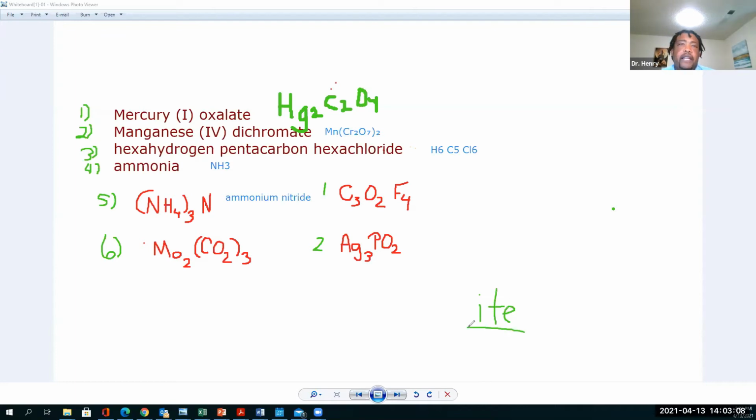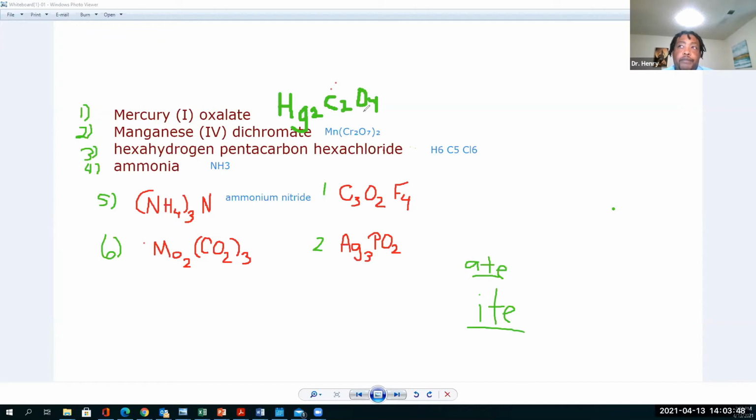The "ite" lets me know that there's usually an oxygen involved, so it's going to be a polyatomic ion, right? "Ite" means that it's one less oxygen than "ate." "Ate" also means that there's some non-metal with oxygen, or in some cases metals, in the case of chromate, but it has oxygen in it.